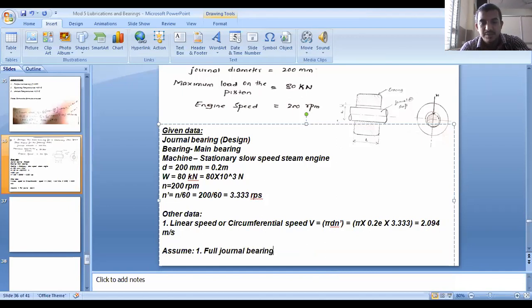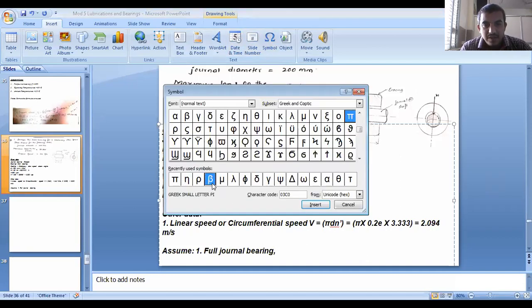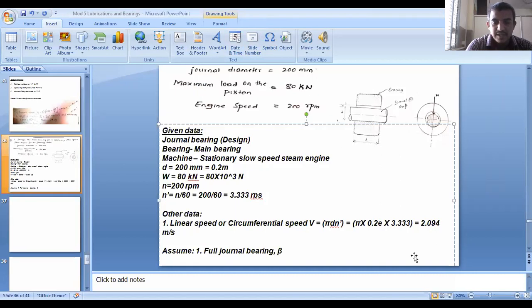Once it is full journal bearing, what is the value of beta? 360 degree. Now, is the temperature given? No, sir, the operating temperature is not given, and the ambient temperature is also not given.